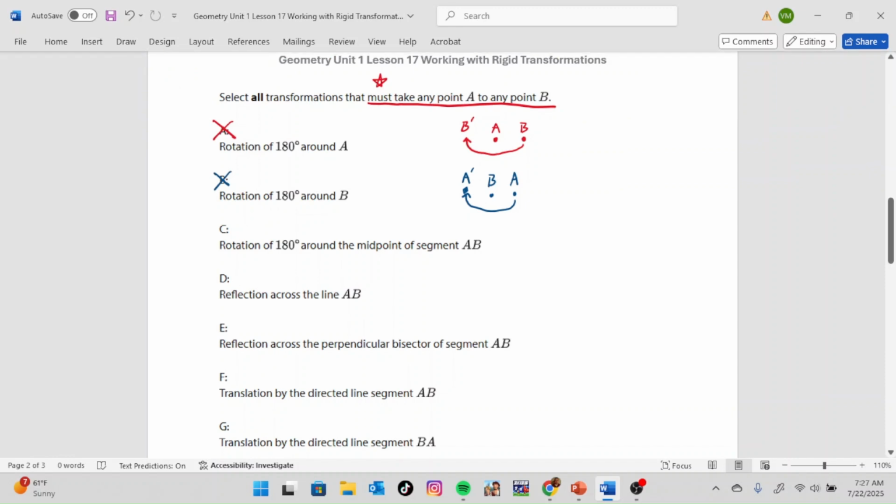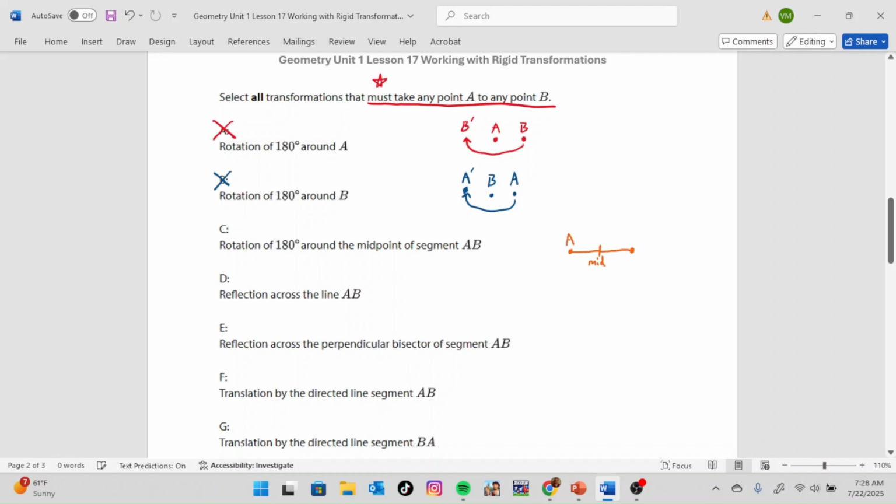Choice C, rotation of 180 degrees around the midpoint of segment AB. So let's make a segment AB, and we're going to identify the midpoint.